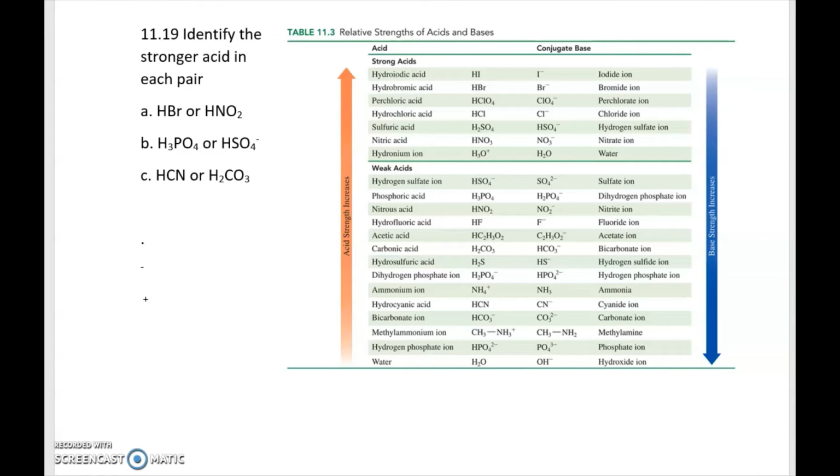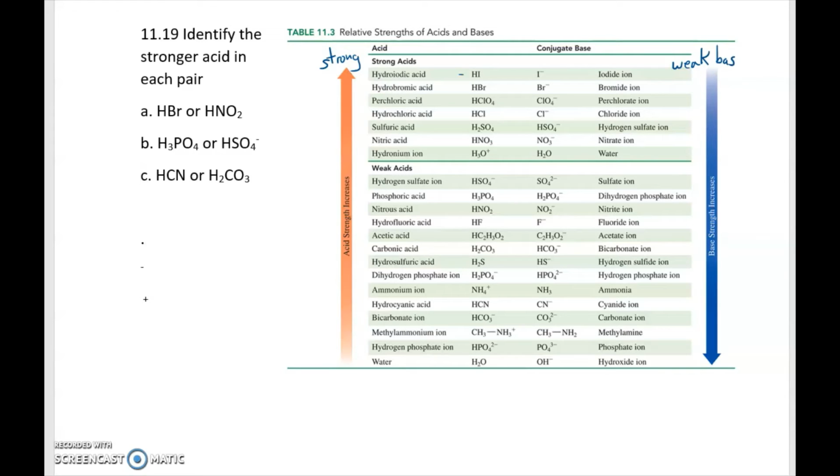Table like this one. And on this table, we've got the strong acids here. And on the other side, we've got the conjugate bases. So we have the strong acid, hydroiodic acid, and its conjugate base, the iodide ion. Notice that the iodide ion is a weak base.